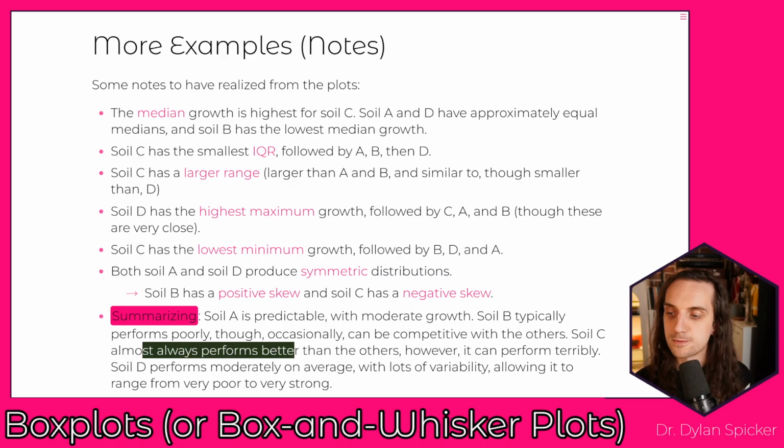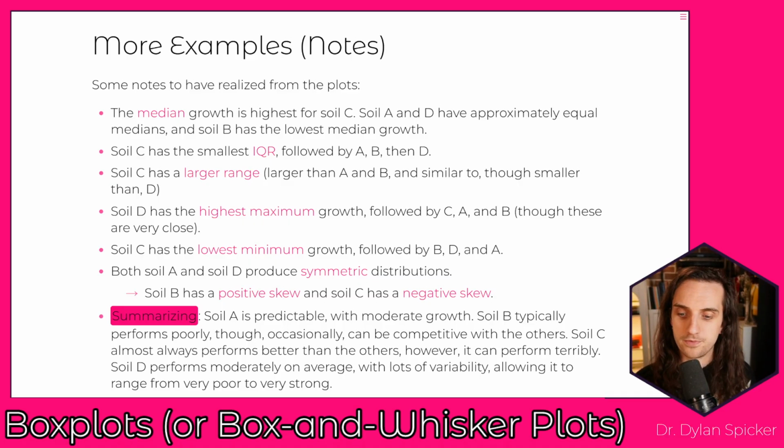C almost always performs better than the others. However, it can also perform terribly. Soil D performs moderately on average with lots of variability, ranging from very poor to very strong, right? And so reading those box plots tells us a lot about these different soils. And depending on what we needed the soils to do, we could then take this information and use that to inform, say, the choice of soil for growing our plants.